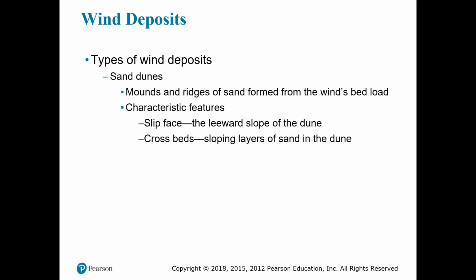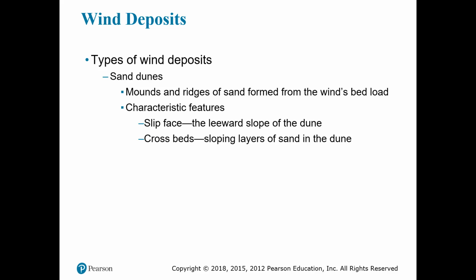The next type of wind deposit we have are ones that, of course, we're much more familiar with, and that would be sand dunes. Wind drops its load of sediment when the velocity falls, and then the energy available for transport diminishes. So sand begins to accumulate wherever there's an obstruction in the path.